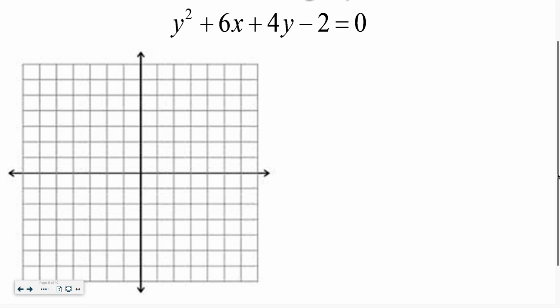Okay, so it's going to be hard to tell if P is going to be positive or negative, but we at least know if it's going to open horizontally or vertically. Horizontally, because it's y squared. Okay? So, since we want the y minus k squared, let's keep the y squared plus the 4y together, and we know that we're going to have to complete the square.